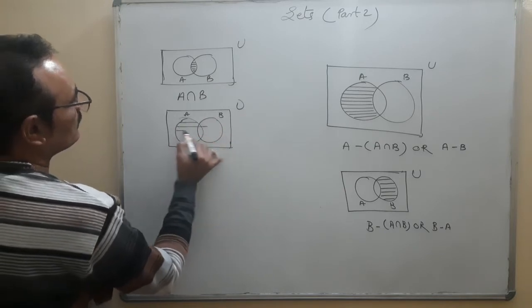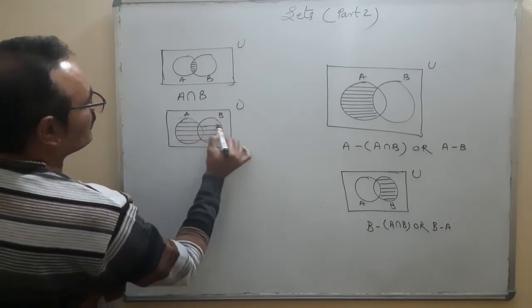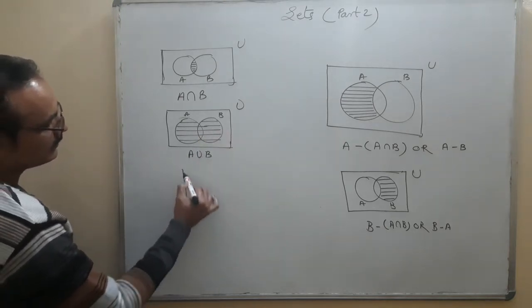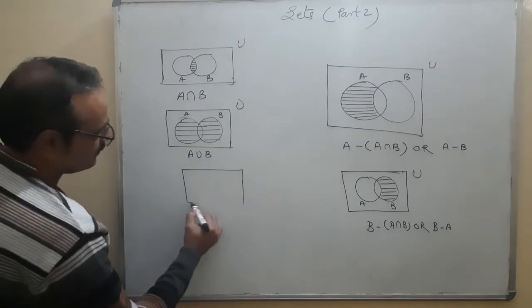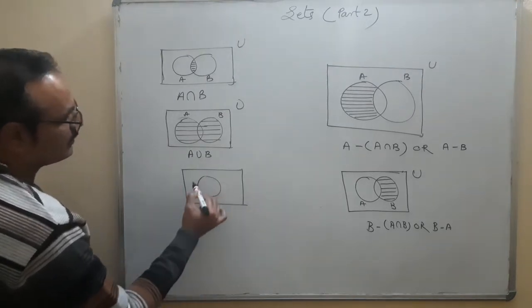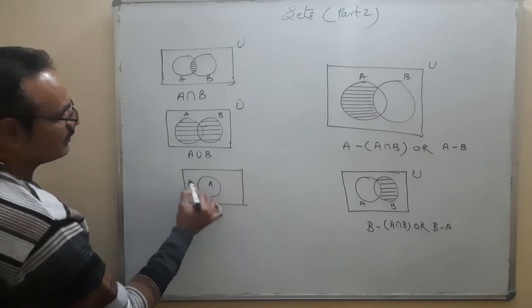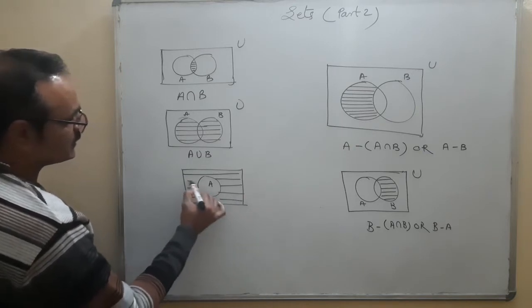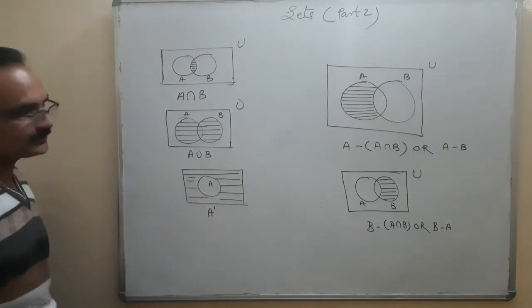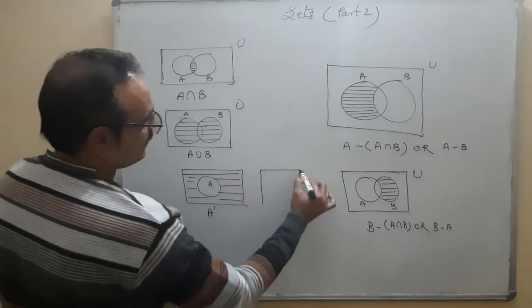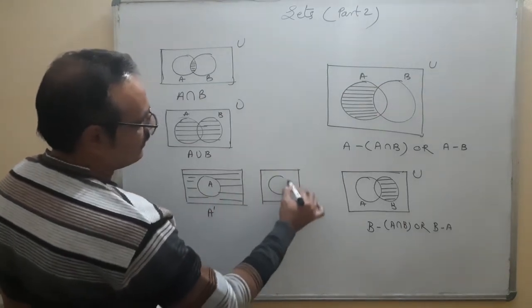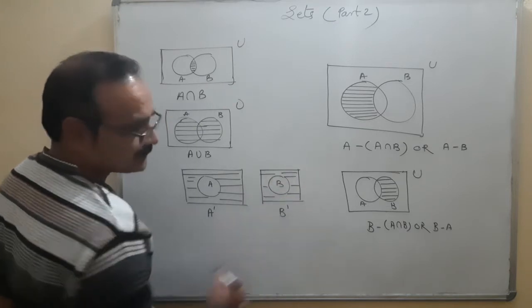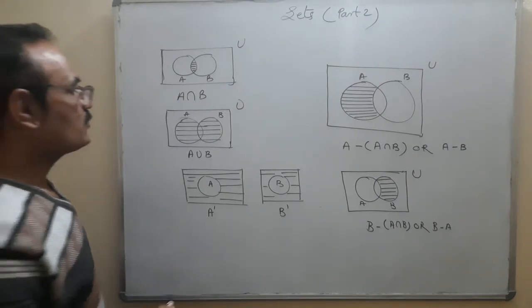It is A union B. What is this? A complement. It is B complement.